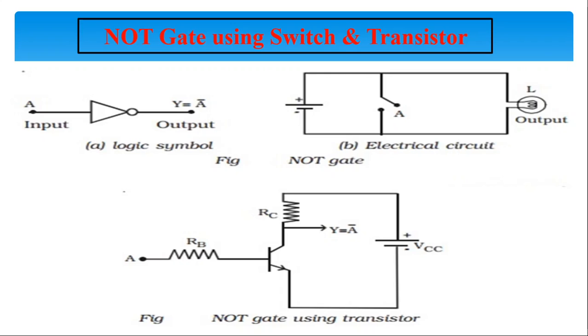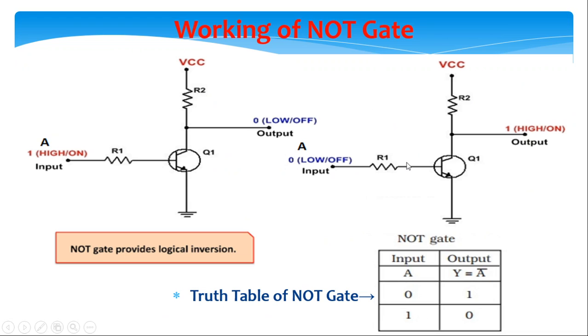Here, the transistor is connected in common emitter mode. Let us now discuss the working of NOT gate using transistor.